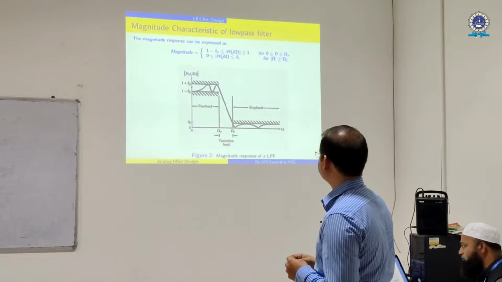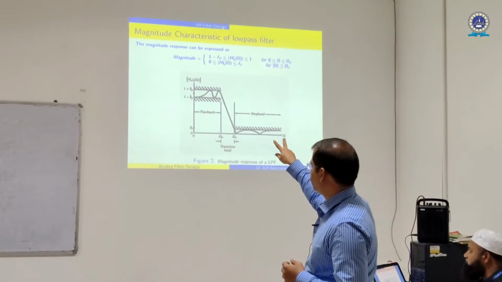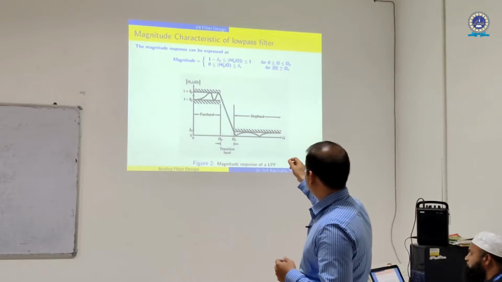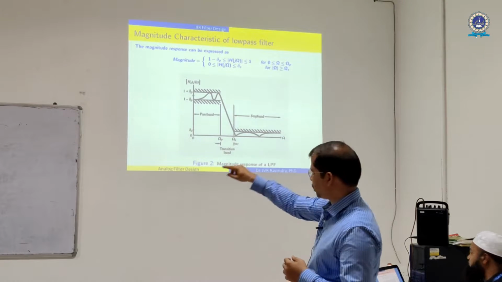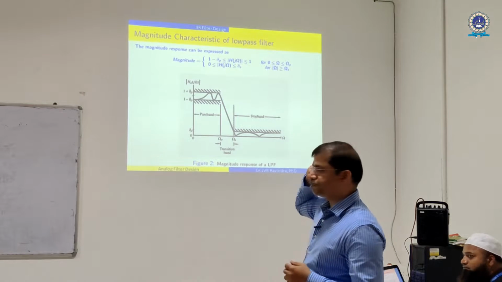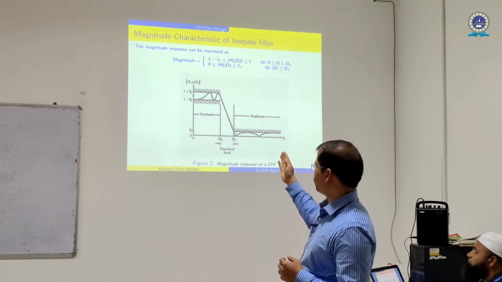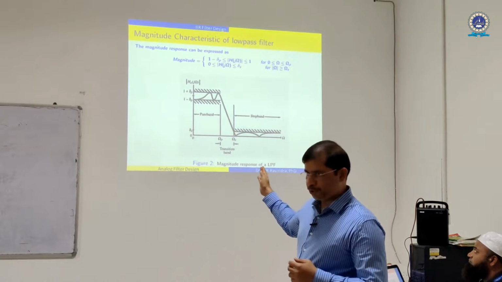So this is also discussed. This is actually the pass band. You have got only 2 ripples out there, and here also you have got 2 ripples, and that's what we are trying to do. So therefore, this is the practical low pass filter magnitude response.